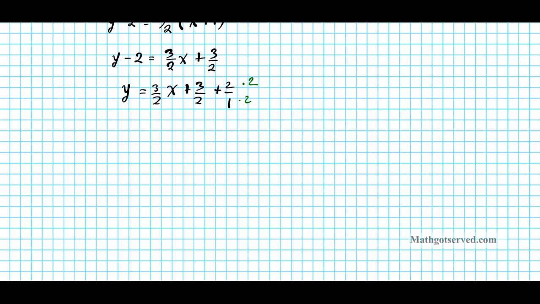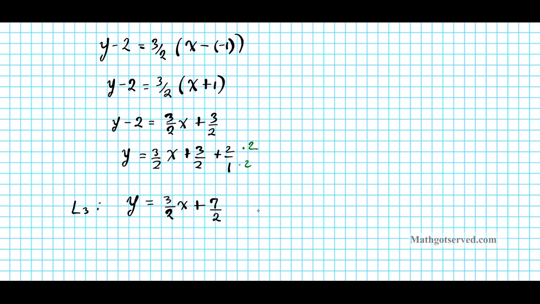So our slope-intercept form is going to be y equals 3 over 2 x plus 4 plus 3, 7 over 2. So there you have it. L3 is this in slope-intercept form, or y minus 2 equals 3 over 2 times x plus 1 in point-slope form. All right, so there goes the answer for part C.